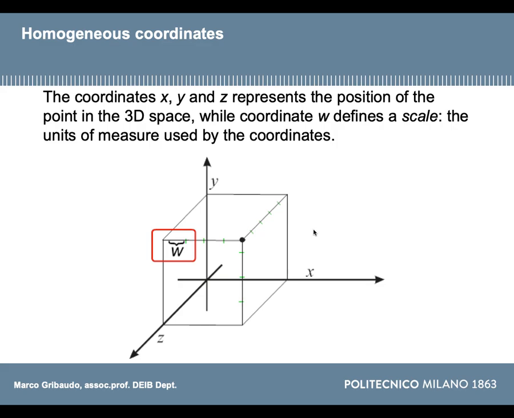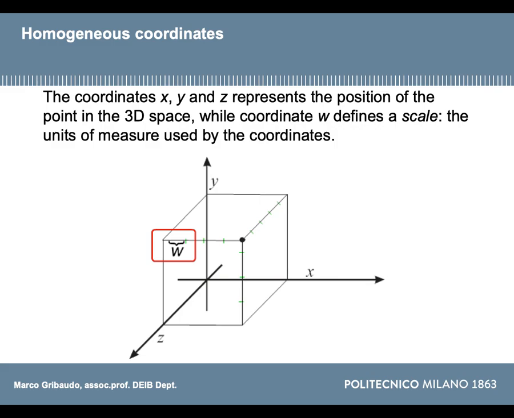The 3 components, x, y, and z, represent the position of one object in a 3-dimensional space. The 4th component, which is generally called w, because w would be the letter before x in the alphabet, so it is the most appropriate to put here, represents the scale, the unit of measure that is going to be used to represent the point with the other 3 values.